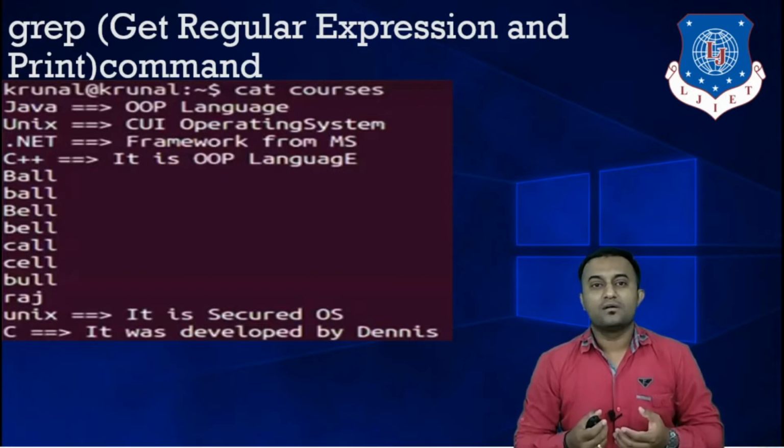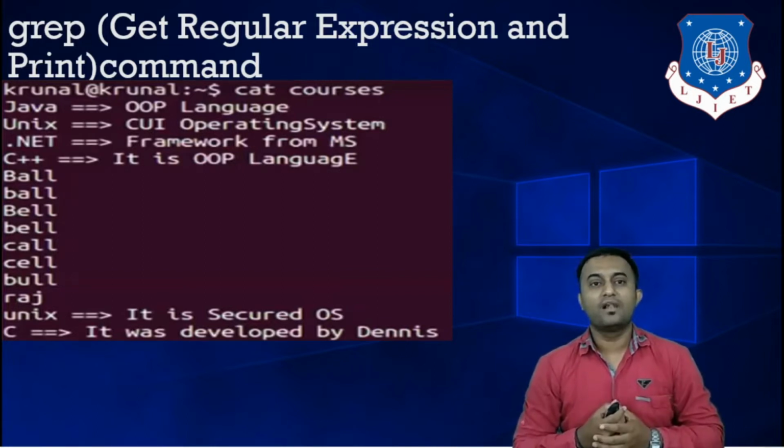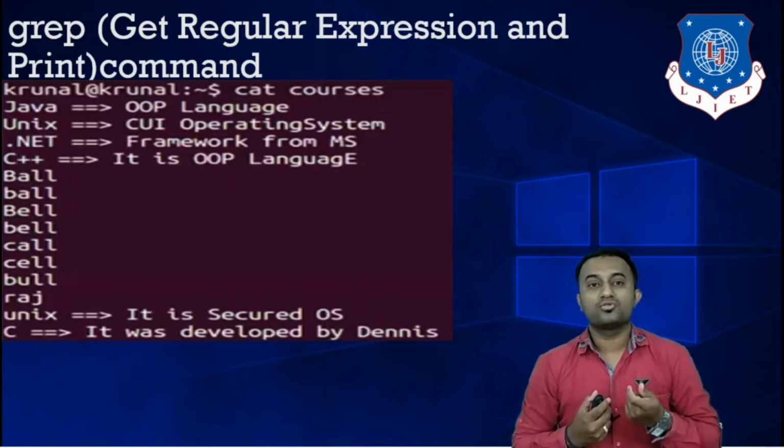One, as we have already discussed, is with the help of the VI editor. One more option is the cat command. Cat stands for concatenation. So through the cat command we can create a file.